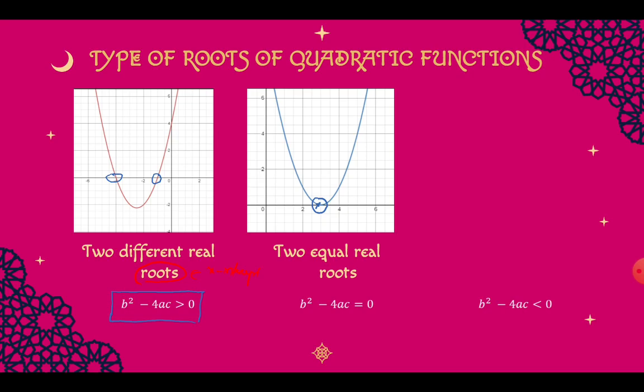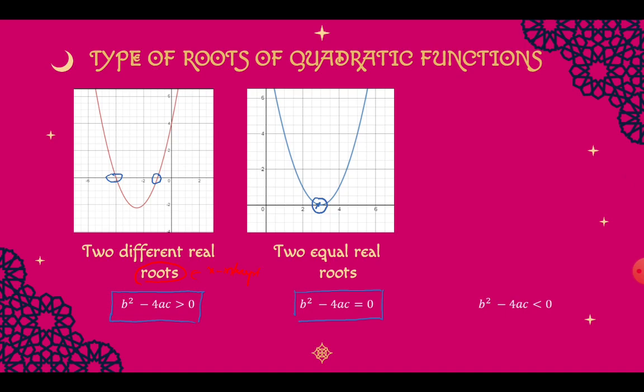So when the discriminant b squared minus 4ac equals 0, we are dealing with two equal roots, and the graph must intersect the x-axis at one point. Let me remind you again.